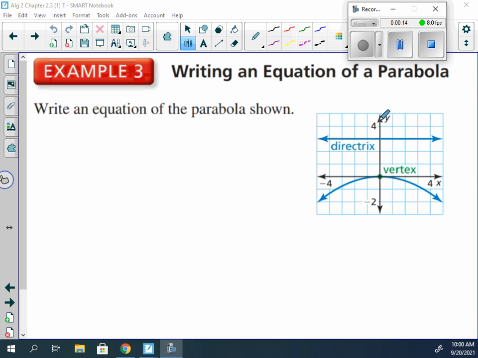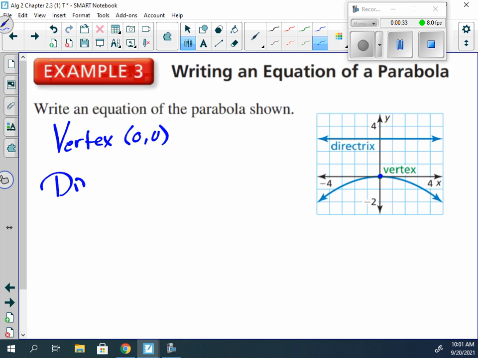Now we look at this here: write an equation of the parabola shown. They do show us that the vertex is at the point (0, 0). And the other piece of information they give us is the directrix. So we have this straight line going across.